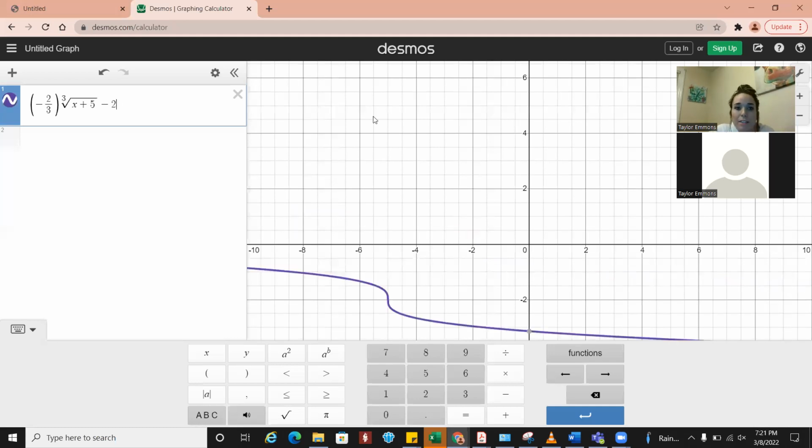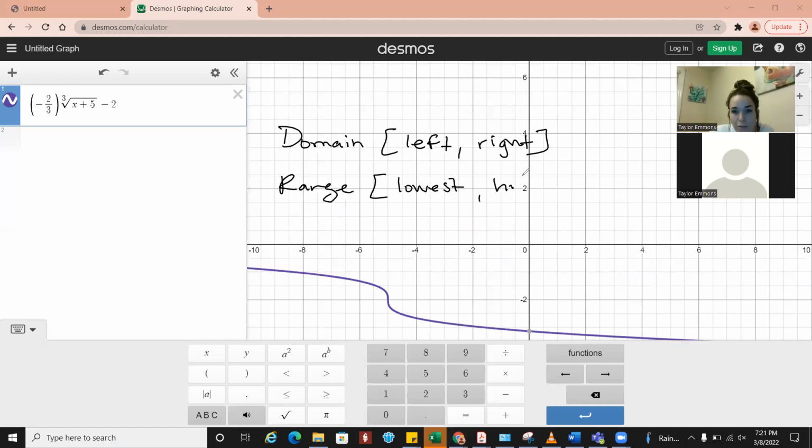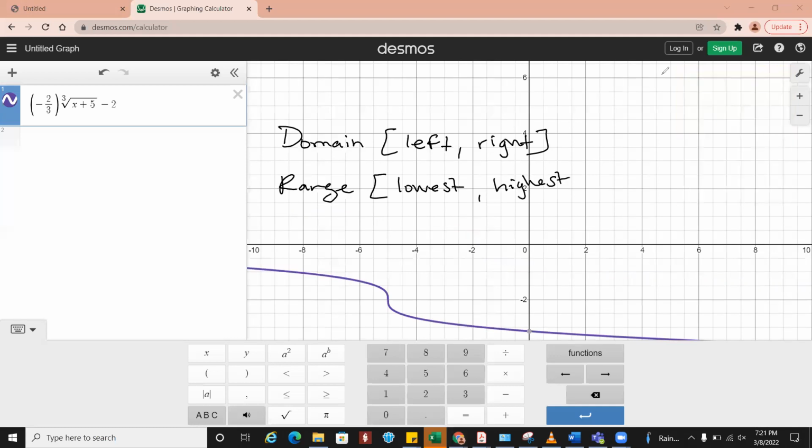Okay, now we're stating the domain and the range. Like I told my class earlier today, domain is your farthest left x value to your farthest right x value, and then range is your lowest y value to your highest y value. So I would zoom out just a little bit. Okay.